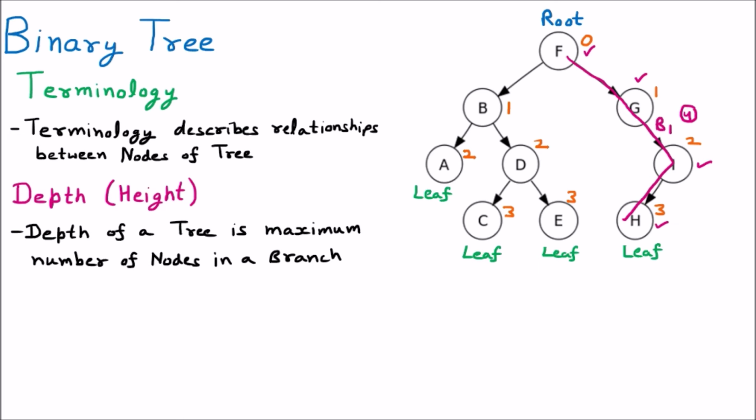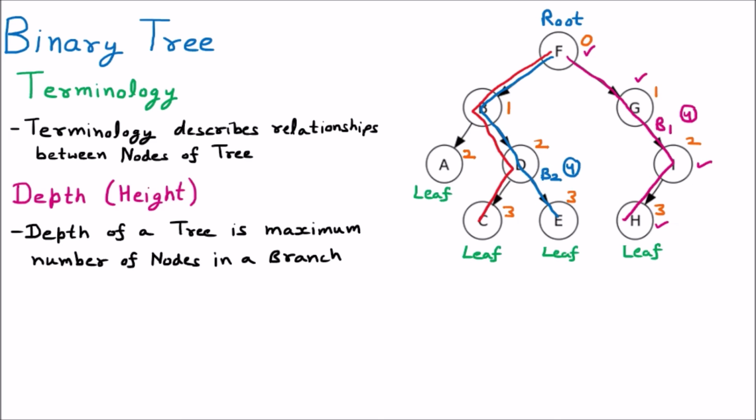Now we check another branch having the maximum number of nodes. If we go with F, then B, then D, then E, this is another branch which contains 4 nodes. I am assuming that this is branch 2. We can also consider one more branch: F to B, then B to D, then D to C. This also contains 4 nodes.